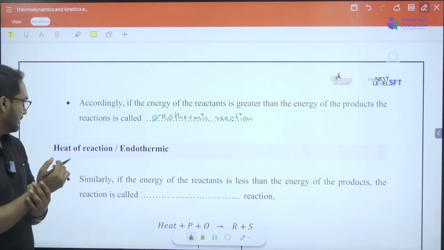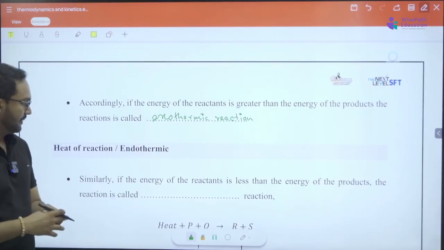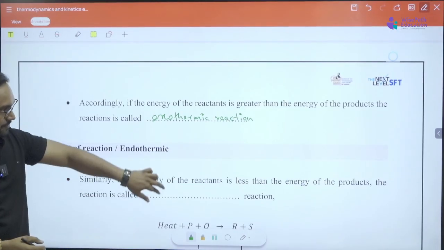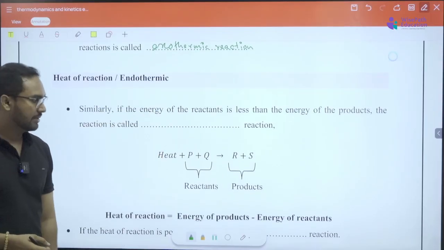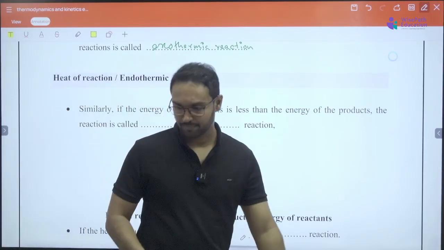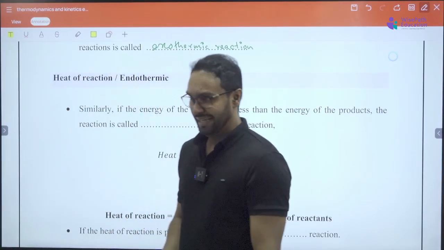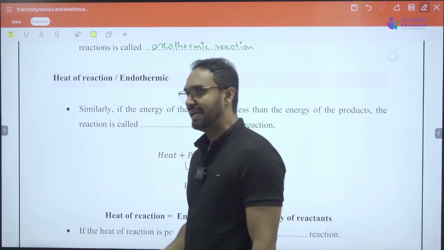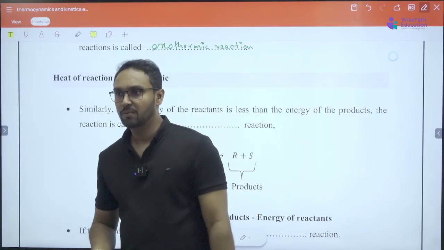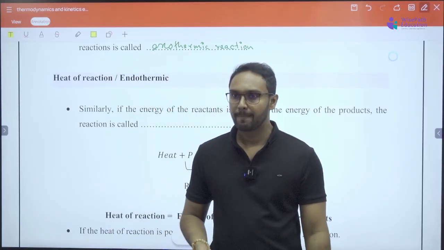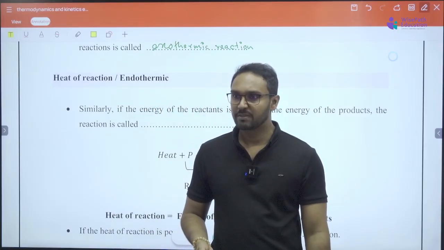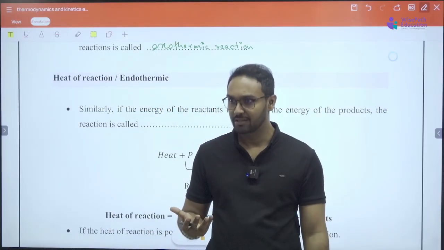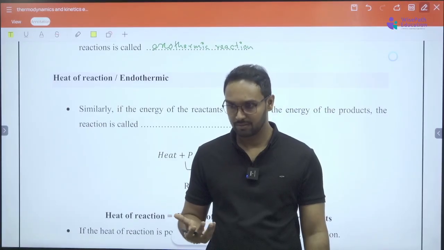Now the next thing is endothermic reaction. So in an endothermic reaction, what should happen? The energy is absorbed. So if the energy is absorbed, how would it feel to the environment? It should feel cool.